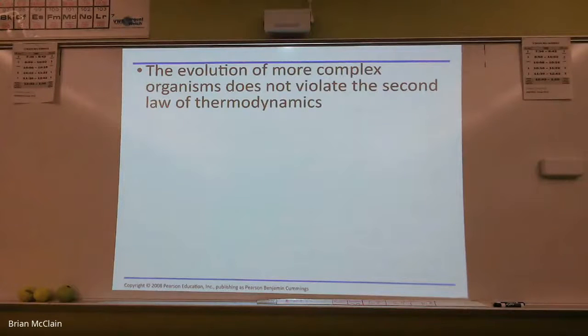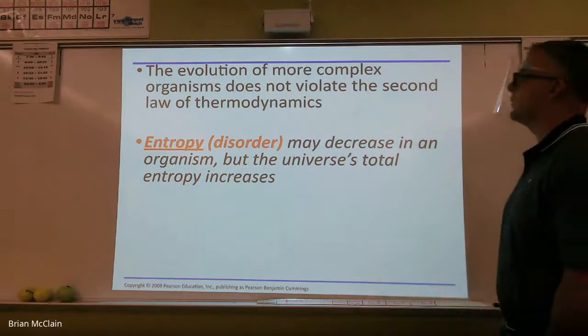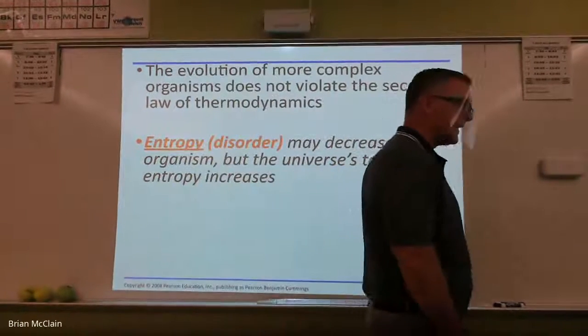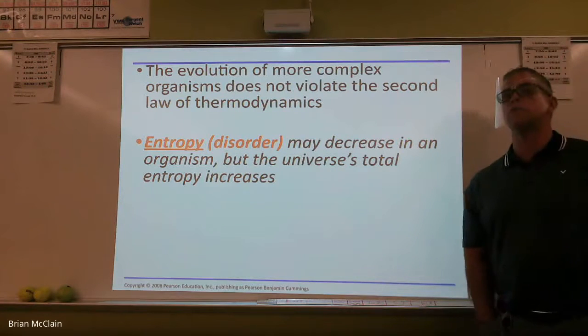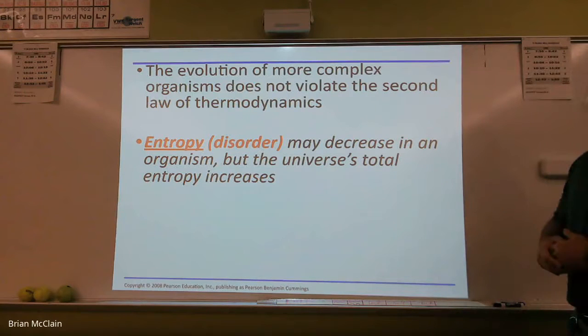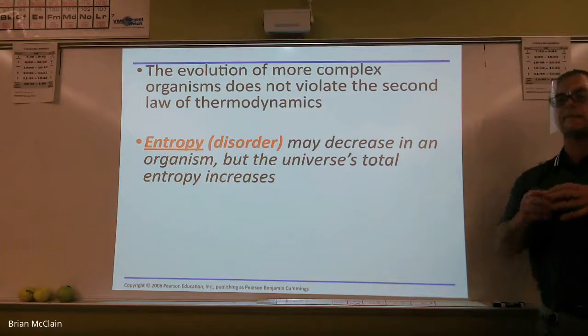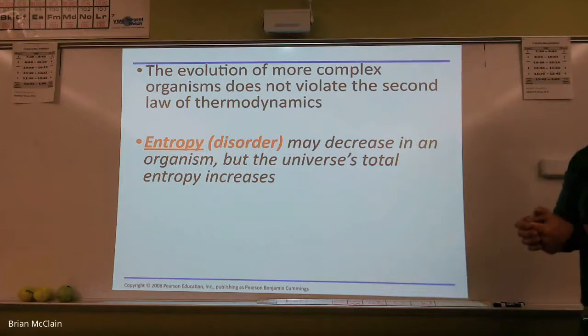All right. So the last point here says the evolution of more complex organisms does not violate the second law of thermodynamics. That statement was put in there out of your book and some other sources because a lot of times people say, if the natural progression is we move towards disorder, how is it possible that the earliest forms of life were so simple compared to the more complex modern forms of life?